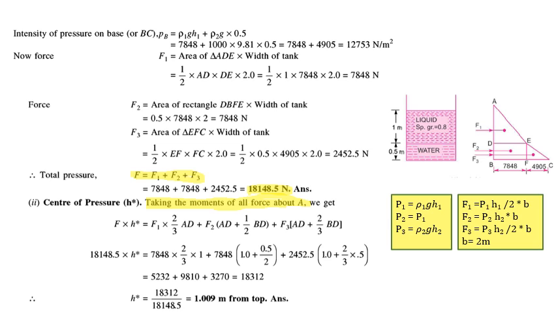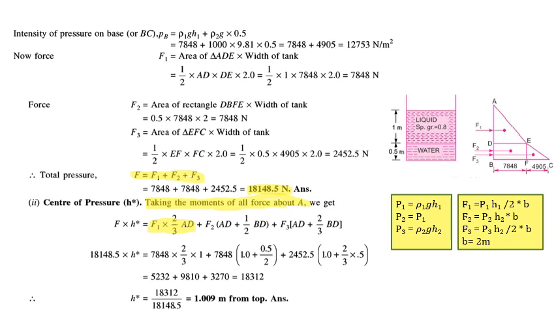So the resultant force into its center of pressure is equal to each force into its center of pressure. So we know this F1 force will be acting at 2 by 3 of the height AD, which is 1 meter. So F1 into 2 by 3 AD, because we know the centroid of a triangle is at a distance 2 by 3 d from the vertex.